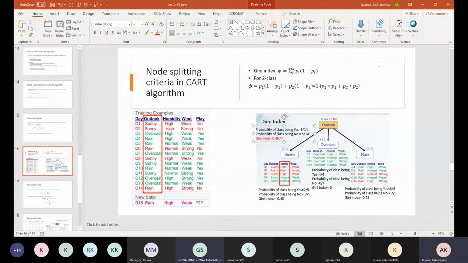How much is it coming? 0.467? It is coming 0.4591. So the correct answer is 0.4591.